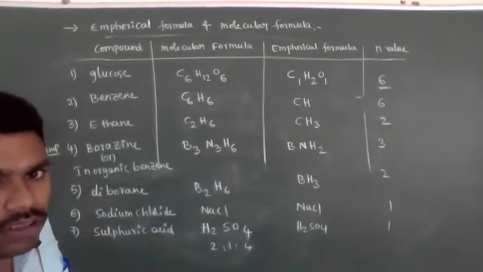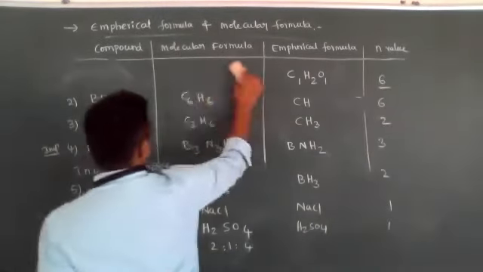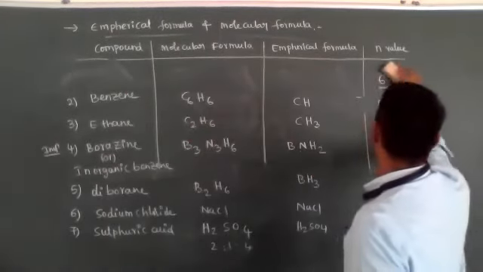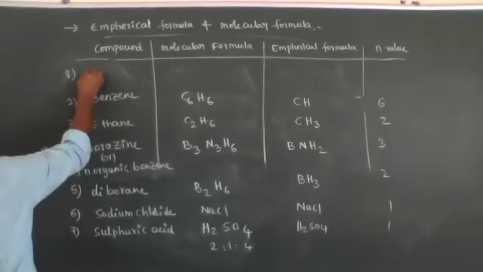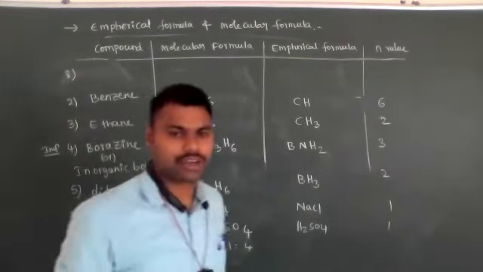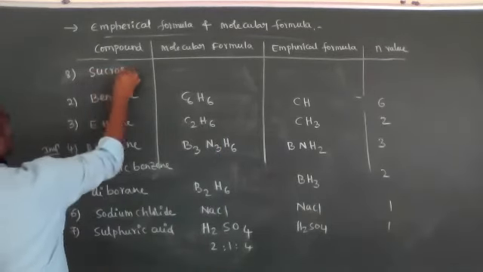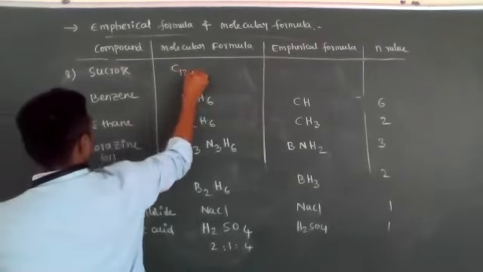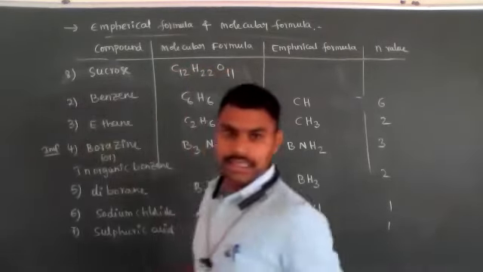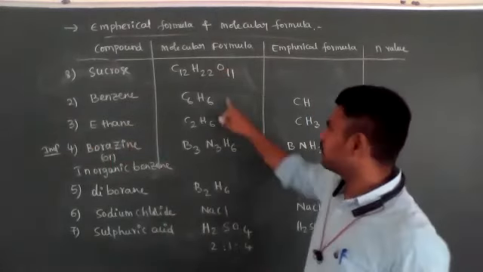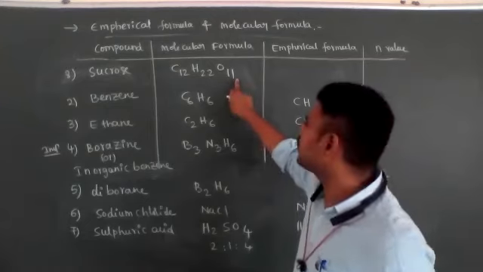Okay, glucose. Next, fructose. See, fructose, sucrose. Sucrose is C12H22O11. 11 is a prime number, so it is not possible to divide by any other number.